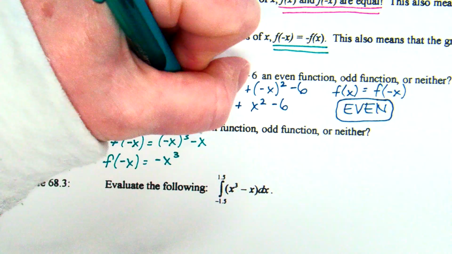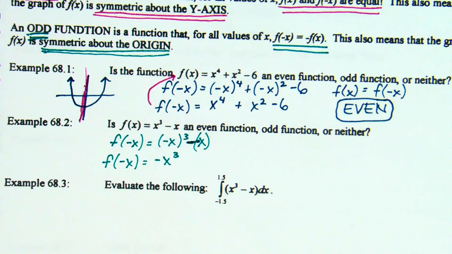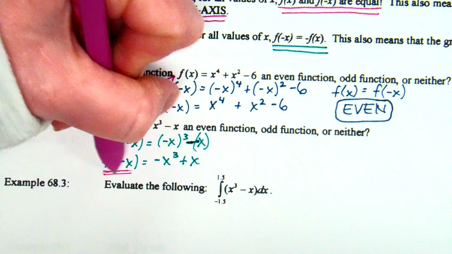Okay, that should say... I would have realized there's an issue later when things weren't matching up the way they're supposed to. You can't read that now, but it does say minus negative x, which makes this plus x. So what do I do at this exact moment? Well, it's not even. Okay, so there we go.